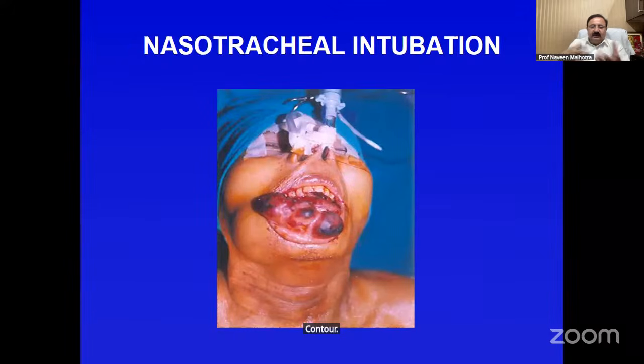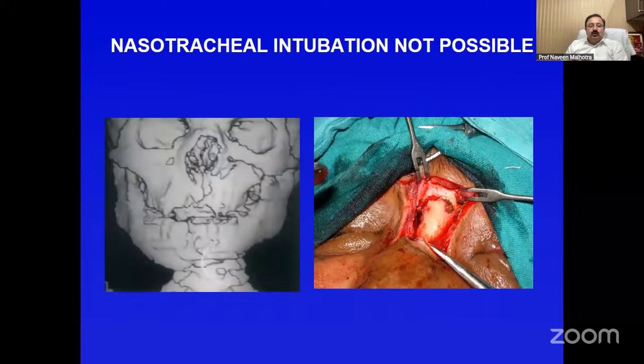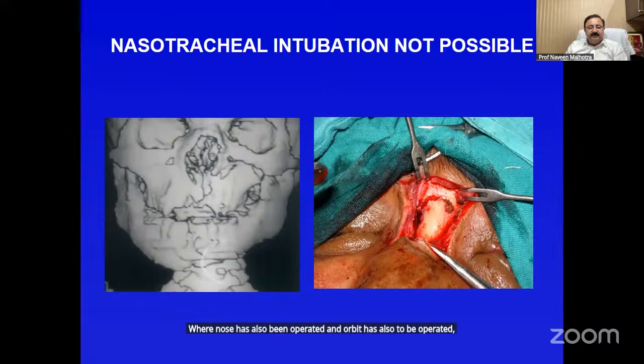Now, the other route, if you are not able to do oral intubation, is nasotracheal intubation. Absolutely no harm, we have been doing it for years and years together. But suppose a patient has a Le Fort 3 fracture, fracture of nasal septum, where the nose has also to be operated and the orbit has also to be operated, or there's a fracture of base of skull.